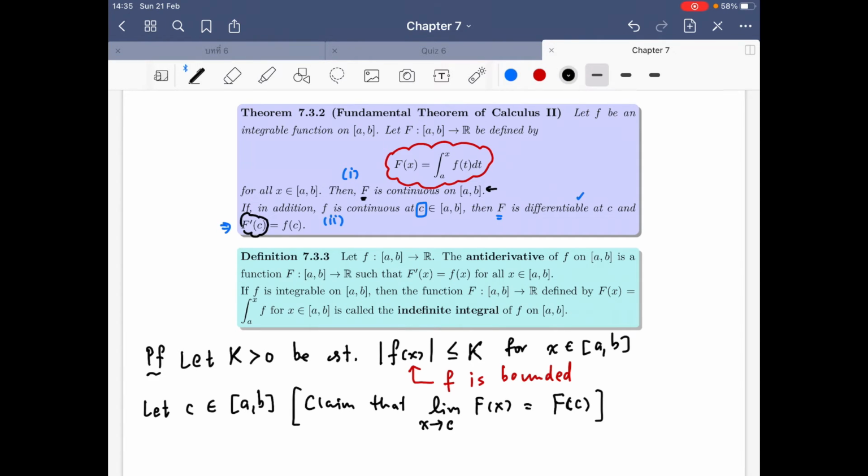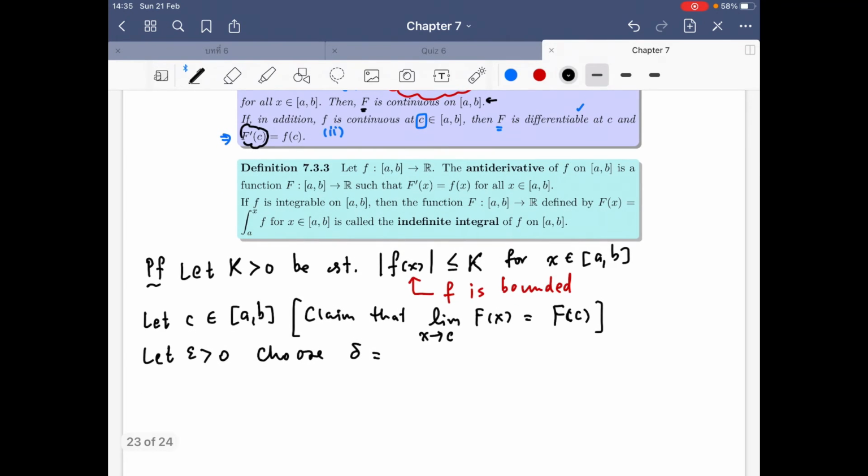This is the claim. To prove that limit, we let epsilon be positive, and then we choose one delta, depending maybe on epsilon.